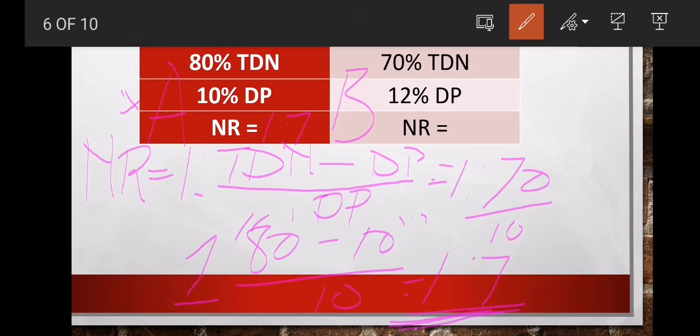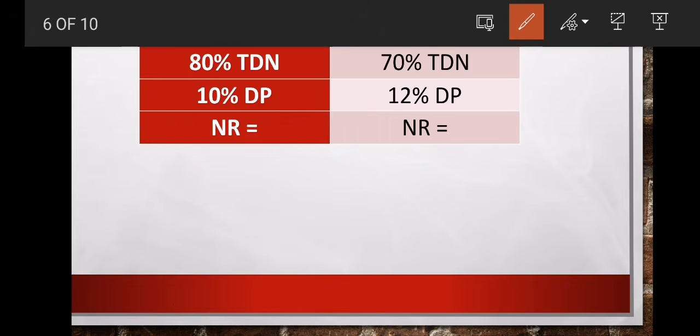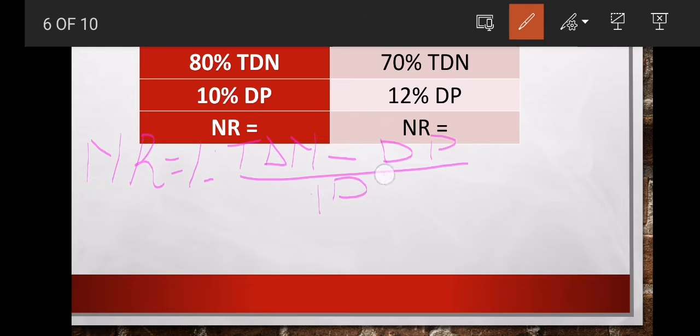Let us calculate for feed B. For feed B, you are given a TDN and you are also given a DP. We use which formula? The first formula. It says NR is equal to 1 is to TDN minus DP divided by DP.